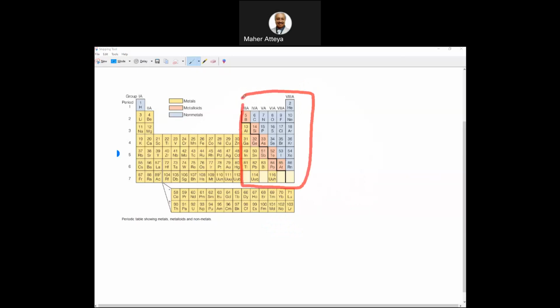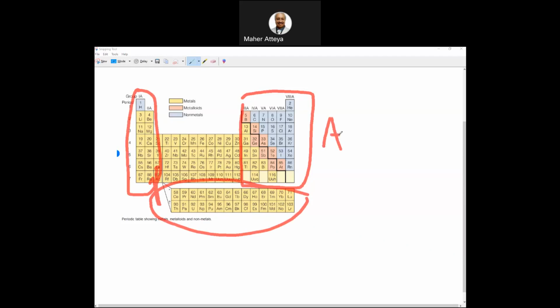So those are main groups. And those here too fit really inside, the lanthanides and actinides. They are taken out, but they're really compressed inside those groups.